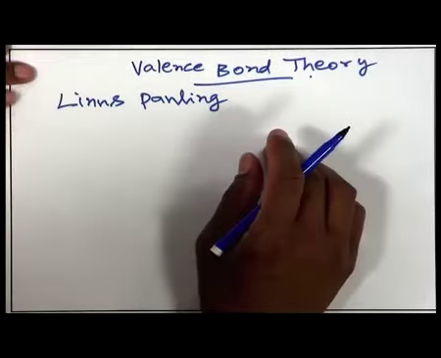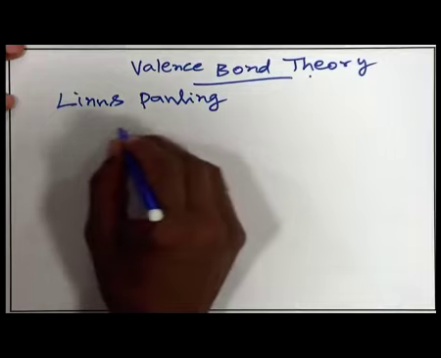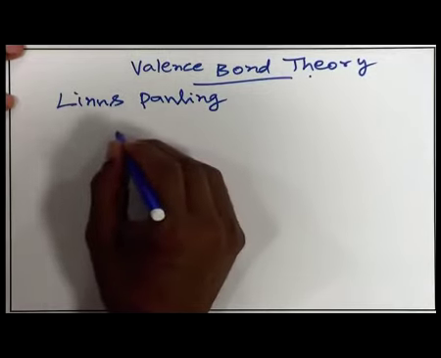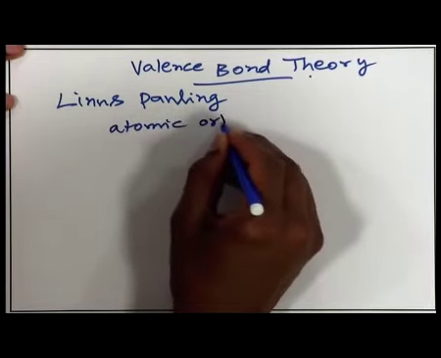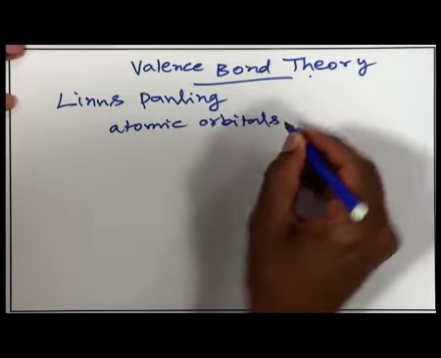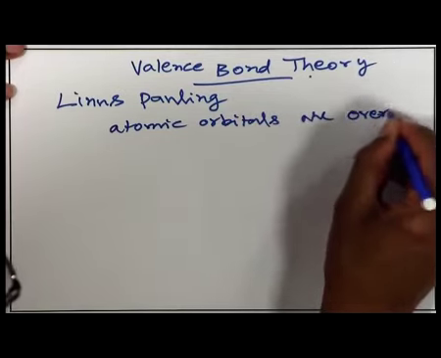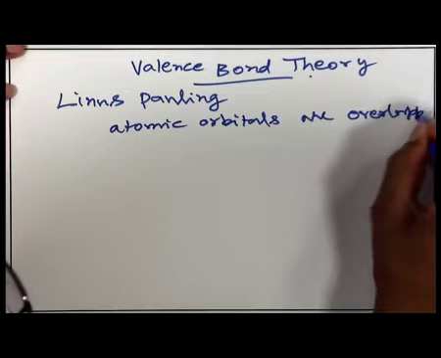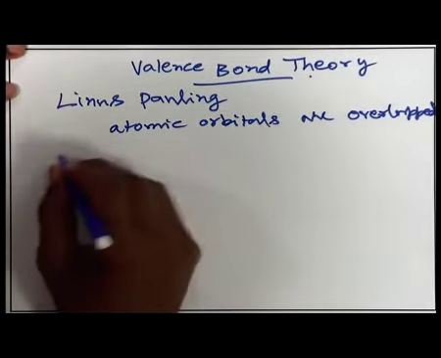Electrons are shared by overlap of the atomic orbitals. So under this theory, atomic orbitals are overlapped and electrons are shared.